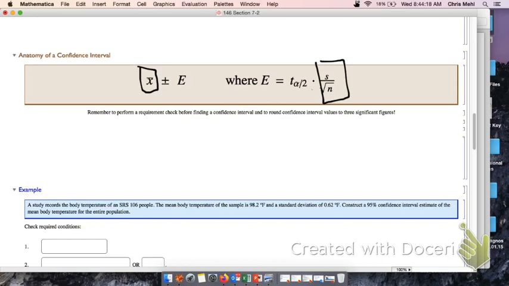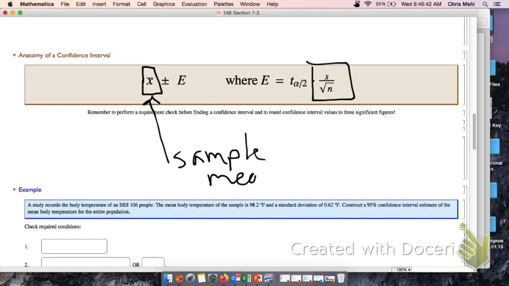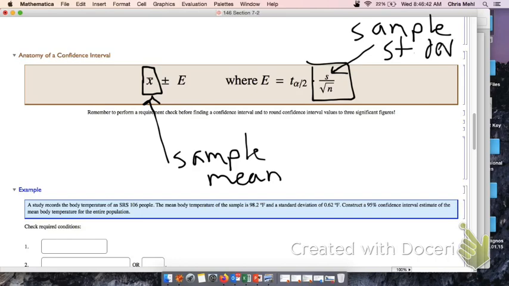Okay, so what I have boxed right now is the sample mean, x bar, and then over here in this formula, S is the sample standard deviation, and underneath the square root you have the sample size.